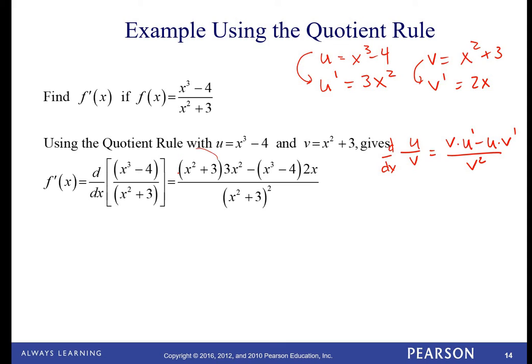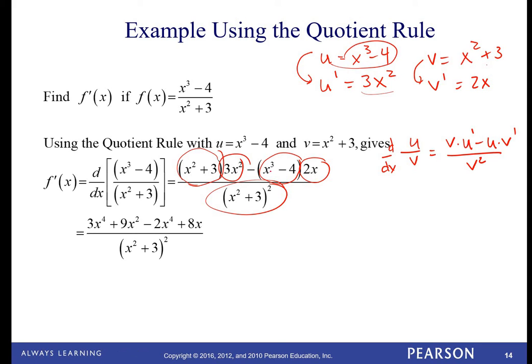So there's my v, that's my low, times d high, that's my u prime, minus high, that's my u, times v prime, and then the denominator squared. And again, we're going to have to do some simplifying, foiling, and writing out the numerator, doing some simplifying of the top again, and unless this top factors, we do not have to FOIL out the denominator. Leave that as a squared.